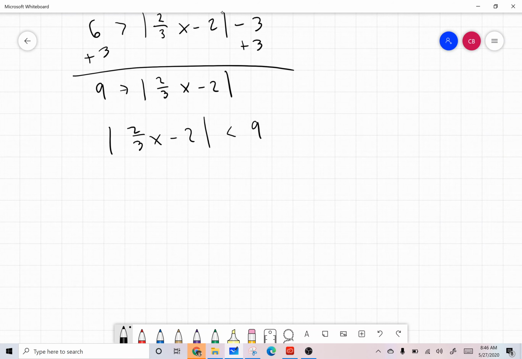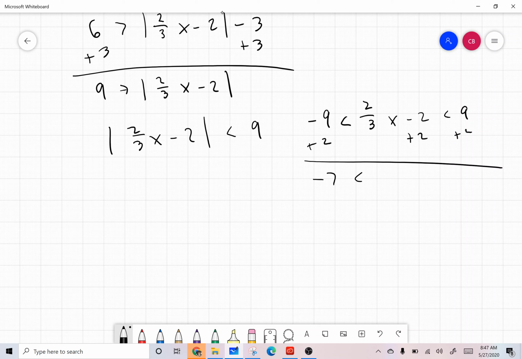Okay, this is definitely less than, so if we do less than, what we do is we set up two equations, or one equation: 2/3 x minus 2 less than 9, that's the original, and then you just put it on the other side, negative 9. We add 2. Negative 7 is less than 2/3 x is less than 11.